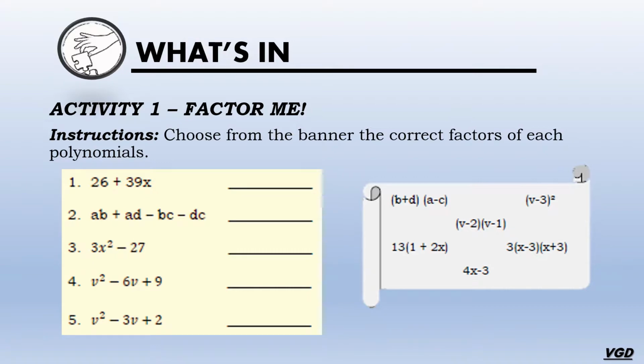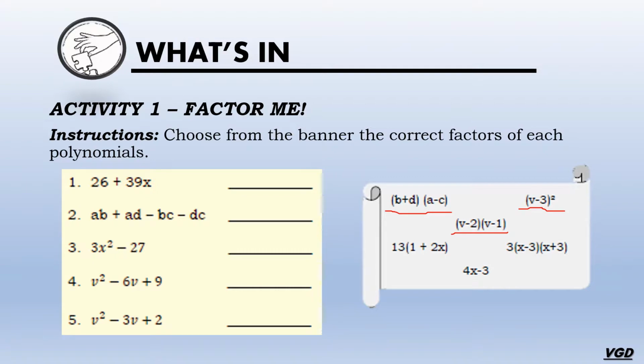So this time, you're going to choose the correct factors from the banner. So we have here the choices. The quantity of b plus d times the quantity of a minus c. We also have the quantity of v minus 3 squared. We also have here the quantity of v minus 2 times the quantity of v minus 1.